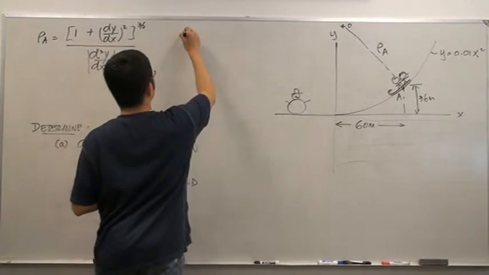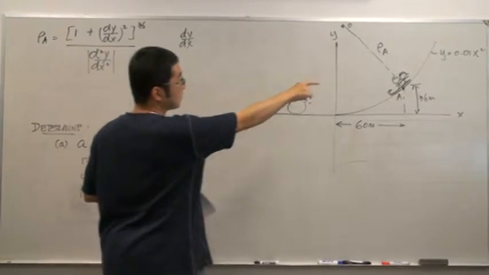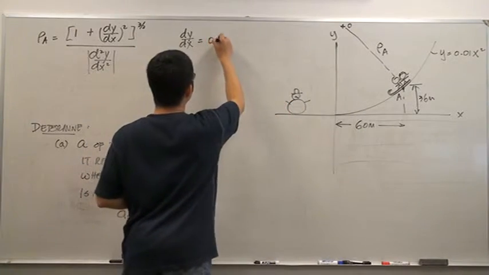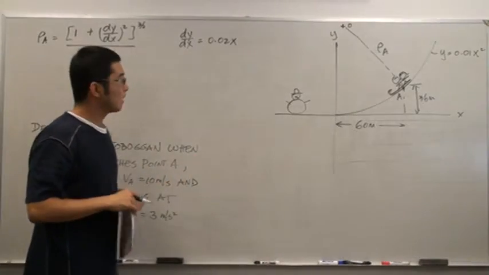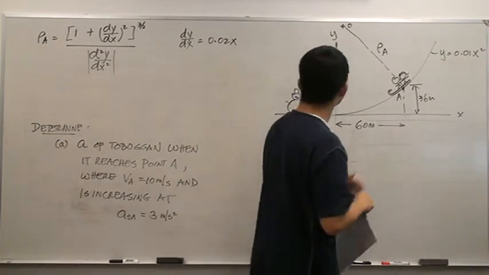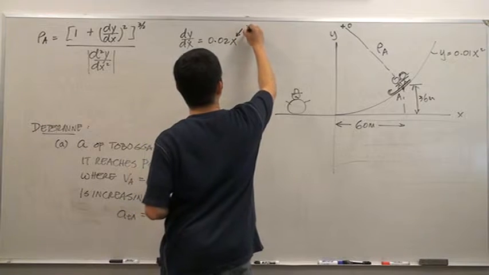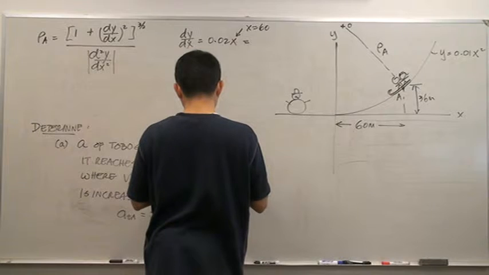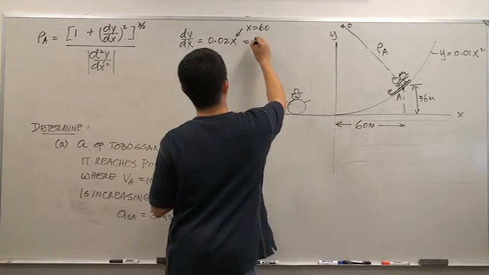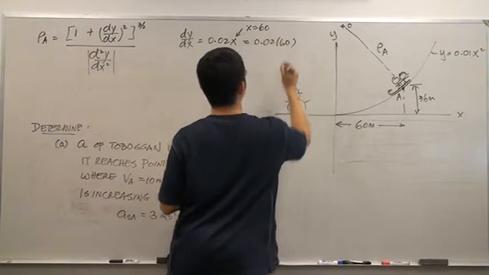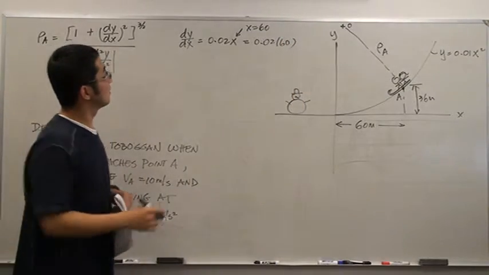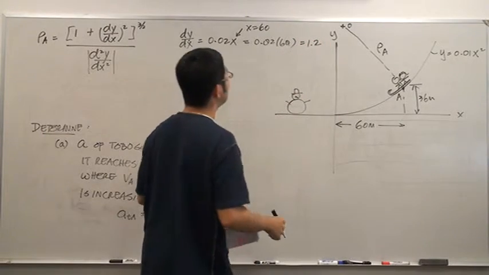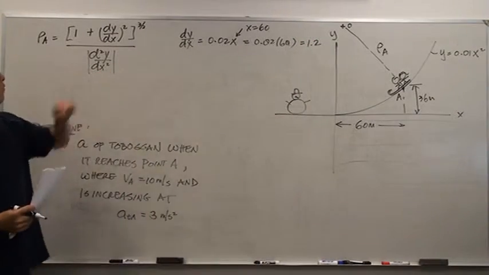So what is dy/dx? If you do that differentiation correctly, the derivative gives you 0.02x, and x happens to be at 60 meters. So with x equals 60, 0.02 times 60 is equal to 1.2.